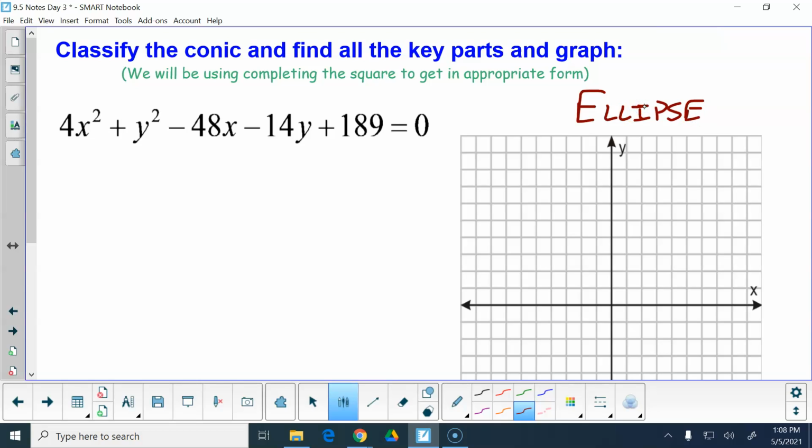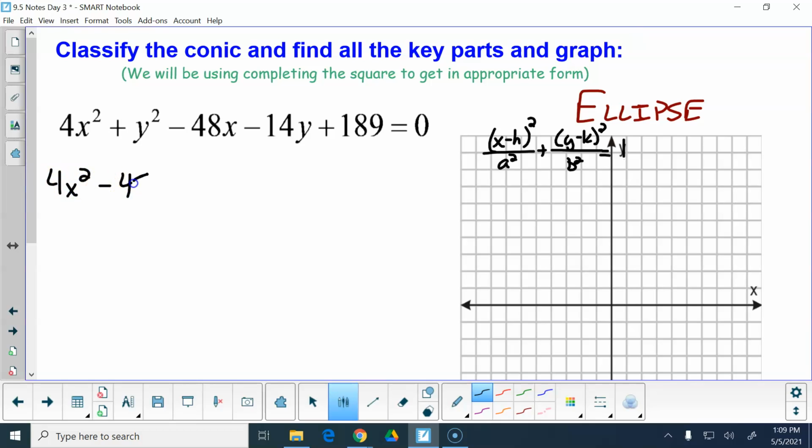Now, we need to put it in our ellipse form. Our ellipse form was x minus h quantity squared over a squared plus y minus k quantity squared over b squared equals 1. Okay? So to do that, this is where we use yesterday's method. Now we've got to use completing the square. The first thing we're going to do with completing the square is space our stuff out.